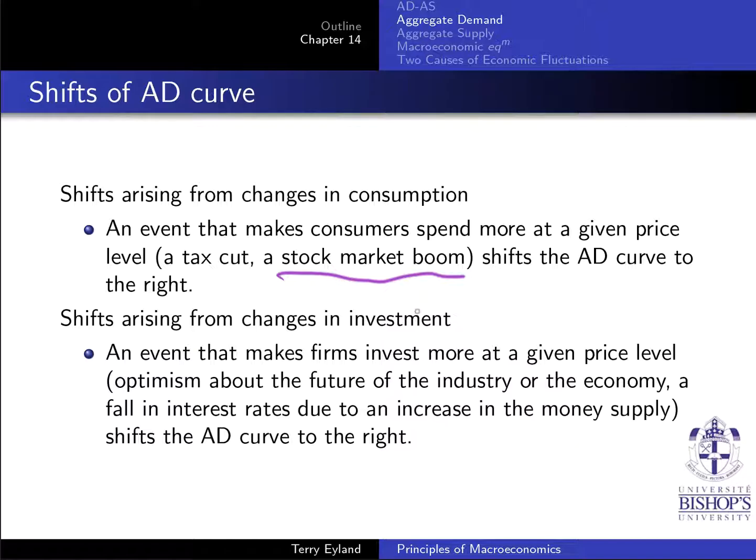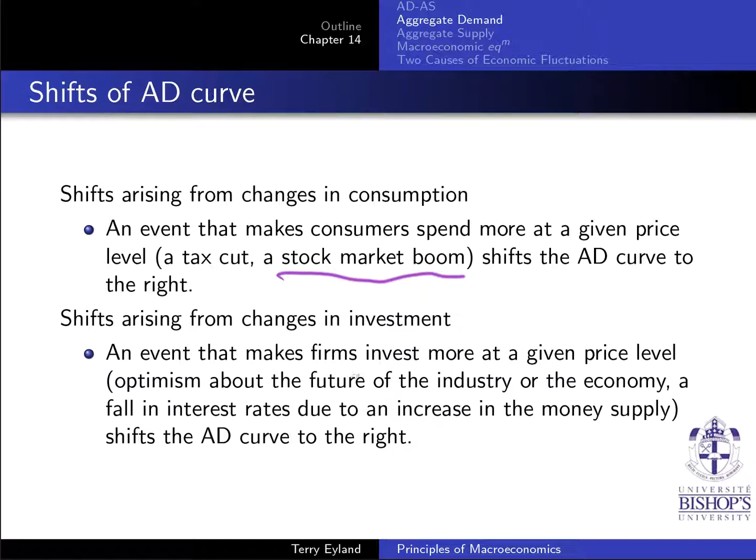And because of that, it fuels spending, fuels consumption. It might be temporary, short-lived, like any other boom. However, for that moment, it's going to stimulate consumption. So all of these will shift the aggregate demand curve to the right.